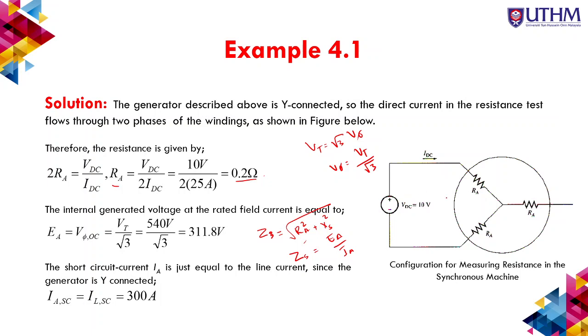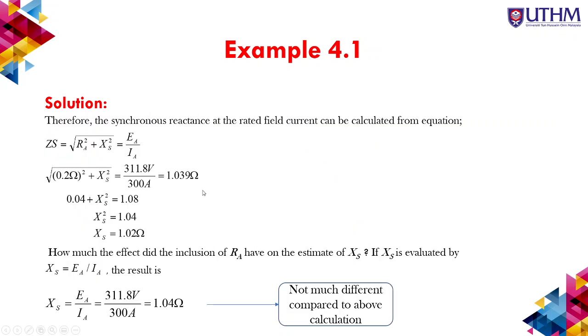We have the IA and the EA, so we can get the ZS, which is the EA, 8 volt, divided by 300. So the answer will be 0.12. Okay, so this is the ZS.